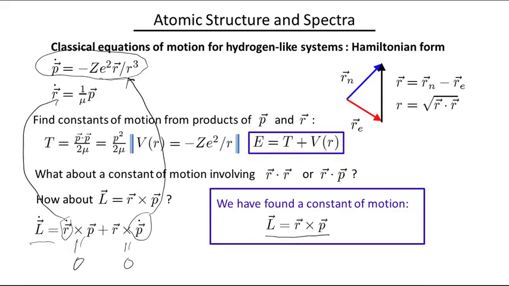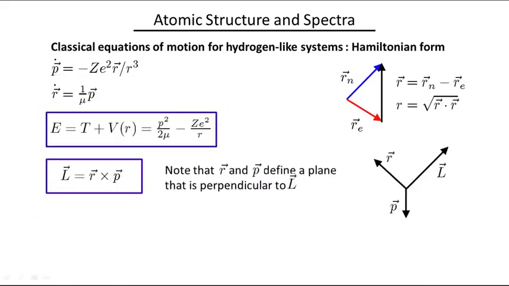And the second is this puts a very strong constraint on the possible motions that can occur from given initial conditions, and we'll review that in the next online quiz, which is going to be the last for this part.